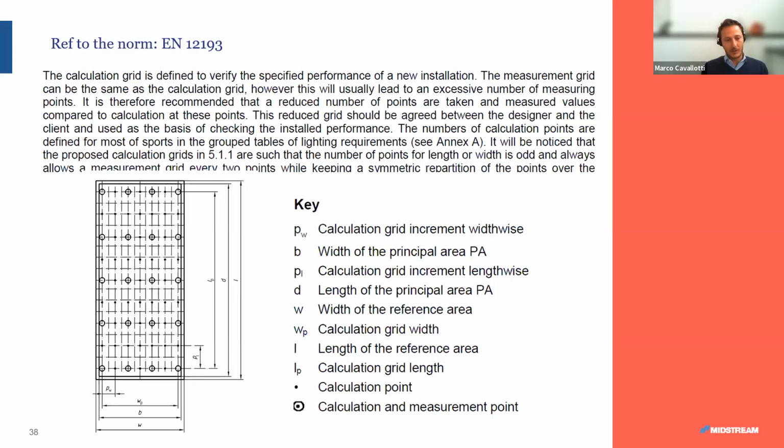Let's say the majority of the software has already in their own procedure this formula, the one Yuli has shown you before. And so they always consider the maximum amount of points possible following the norm for a given area.